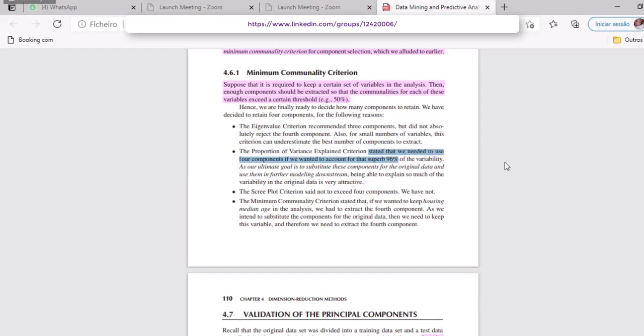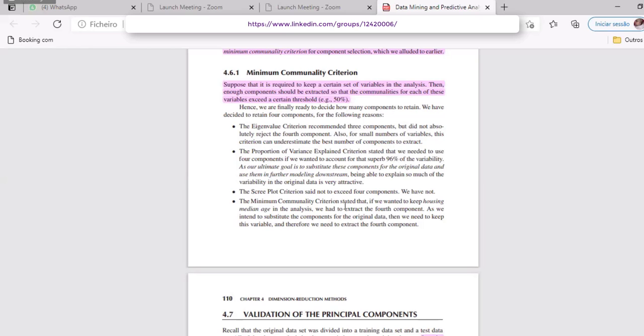I think they are a fact. So we are going for a higher proportion, and this criterion, with 96% of variability, asks us to stay with the 4 components. And the scree plot criterion also advises not to exceed 4, which is not contrary to the other 2.